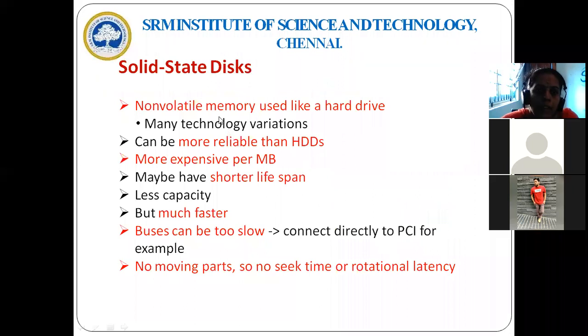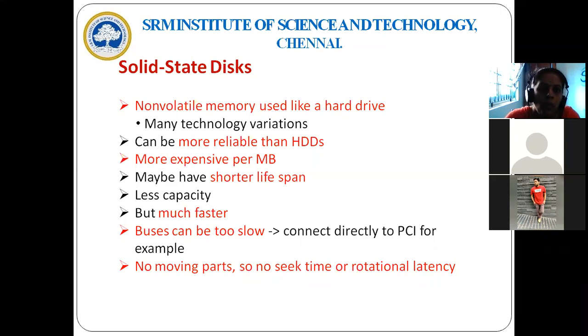And then we have the solid state disk. This is non-volatile. That's the main difference between your RAM and your disk. Your RAM memory, that is your main memory, is volatile when you switch off the power. With non-volatile memory, we can store data permanently. One is the hard drive, and another is the removable disk also.